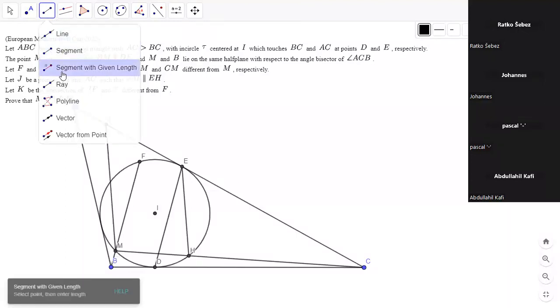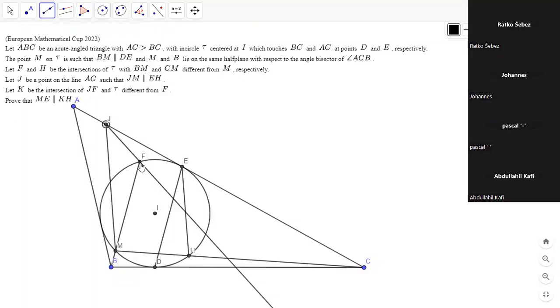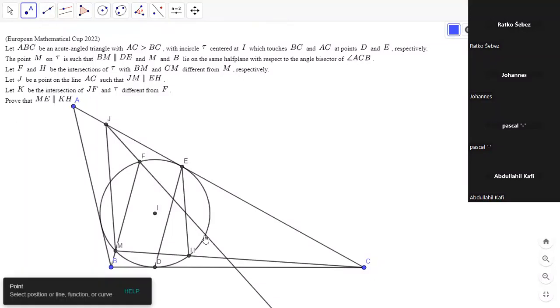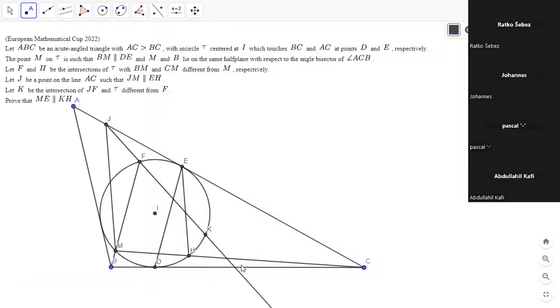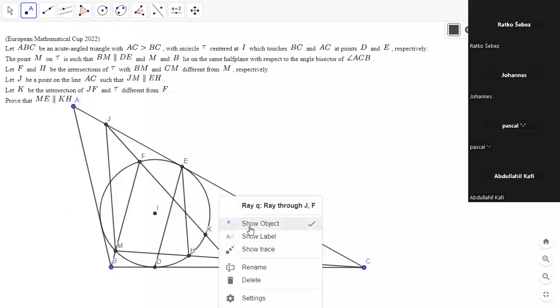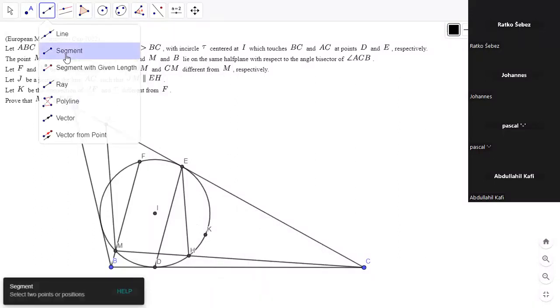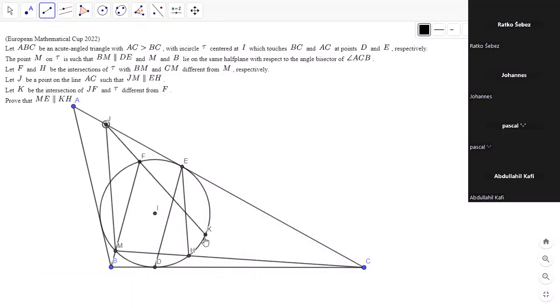We draw ray. And we want to show ME is parallel to KH. This problem looks a little familiar. So that's ME, that's KH.